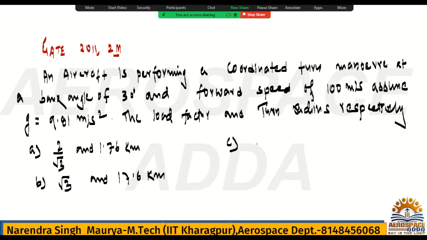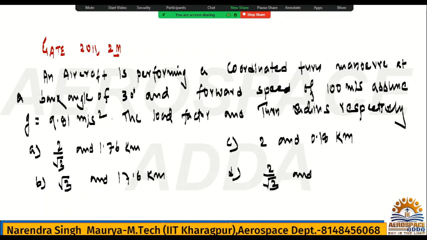Option C, 2 and 0.18 kilometer. Option D, 2 by root 3 and 17.6 kilometer. This is the problem, right?